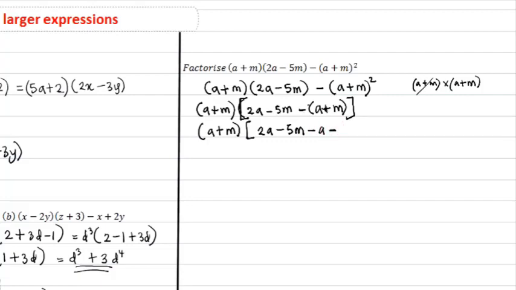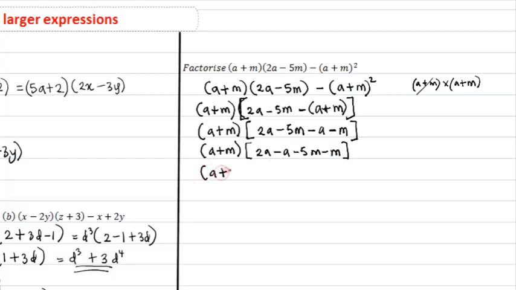So 1 times m will give us m. So that is a plus m. We collect like terms: 2a minus a, minus 5m minus m. So let the m's meet themselves, let the a's meet themselves. That's what I did here.